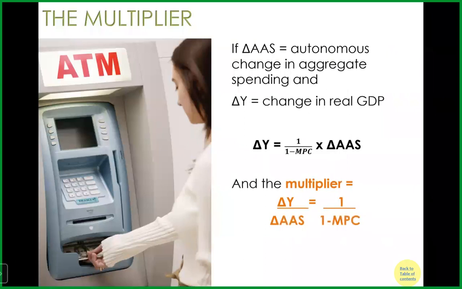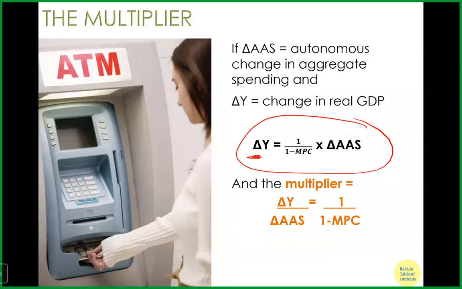Any questions so far? Okay, now we are going to look at this autonomous change in aggregate spending and how it links with the multiplier. Essentially, we have this formula: the change in total GDP equals the multiplier times the change in autonomous spending, or some increase in spending.